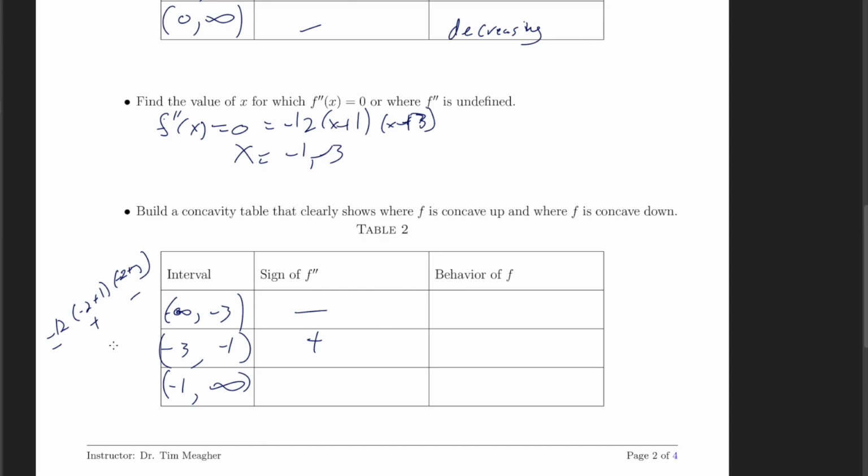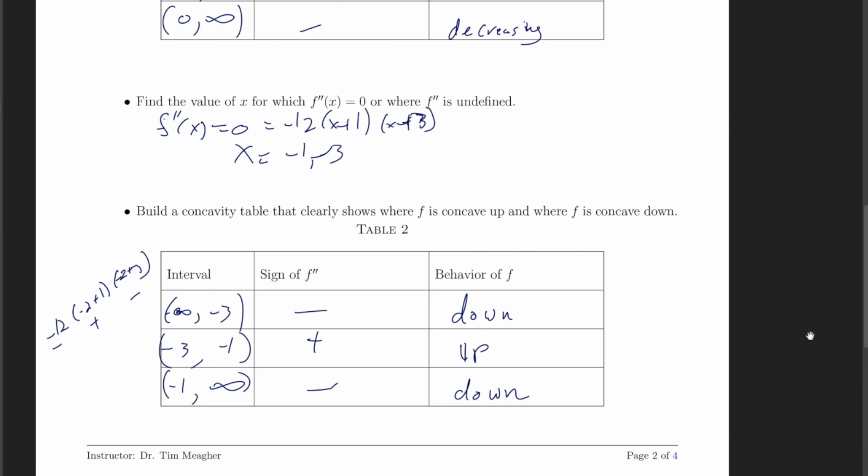That's what I'm doing here in my head. Here I'm going to choose 0, the easiest number, so this is negative, positive, and positive, so this is negative. So this is concave down, this is concave up, and this is concave down. For the concavity, it's concave down, concave up, concave down.